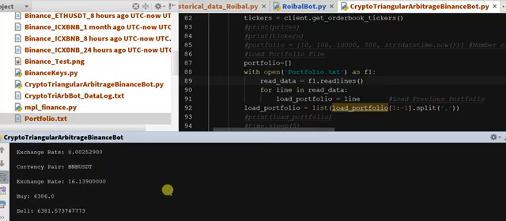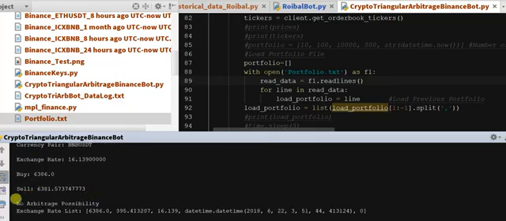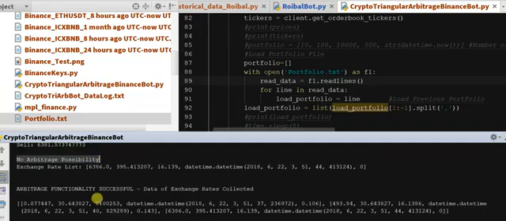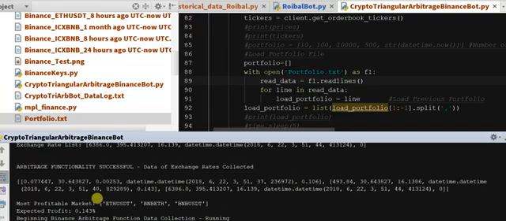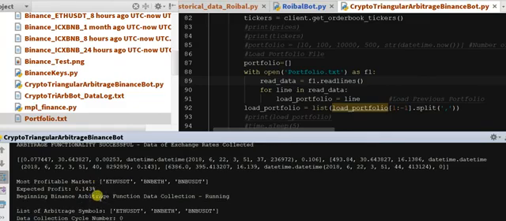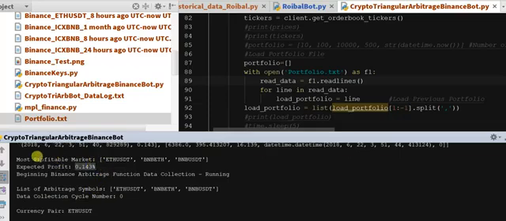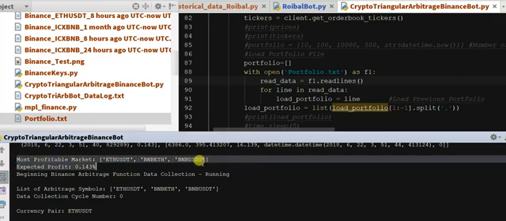Here it says no arbitrage possible. Our most profitable is, as I said before, and our expected profit is 0.143%. Now that we've determined our most profitable market, our bot is going to do some arbitrage botting.